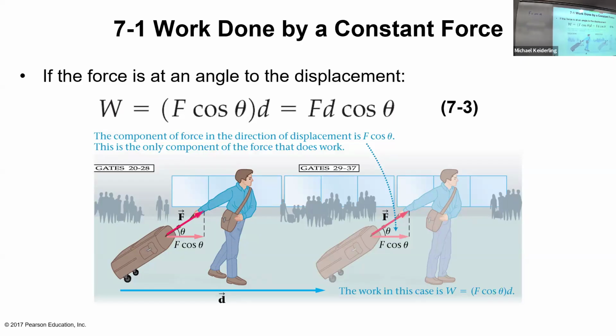But other times, if you have some force being applied to something moving horizontally, and it might be down at an angle, you're interested in just the component of the force in the direction of motion. But both of those work out to force times distance times the cosine of the angle between them.